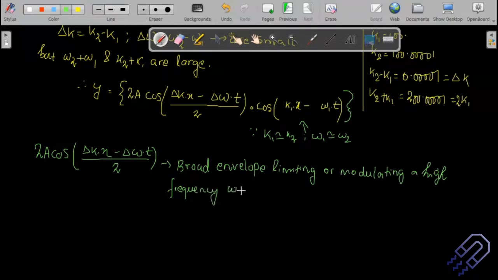And what is that high frequency wave? This wave is controlled by this, because these are terms which are connected. We cannot ignore this when we are analyzing this wave, right? So what is my high frequency wave? Cos of k1x minus omega 1t.